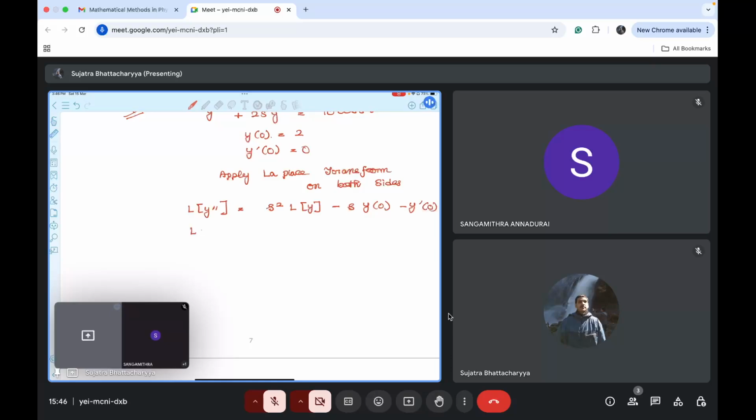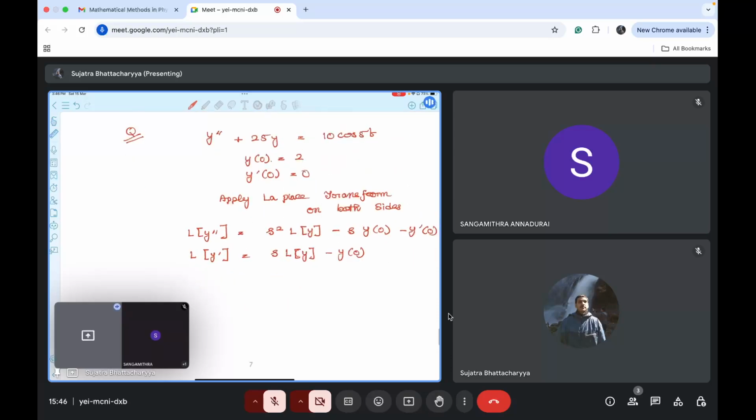Okay. What is Laplace transform of y dash? These two things at least you should know. So s times L of y, Laplace transform of y, minus y of 0. That's all. Okay. These two things one must know. Okay. Fine. Otherwise everything is fine.